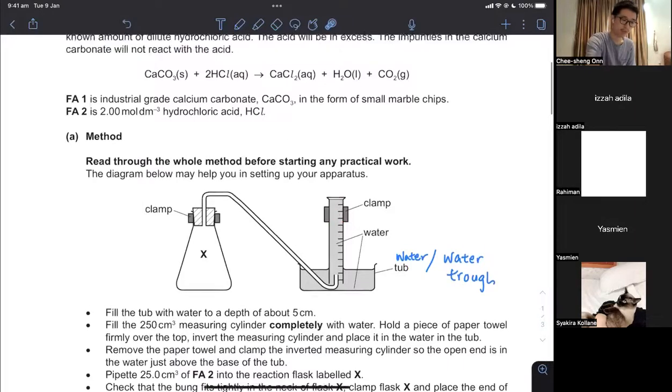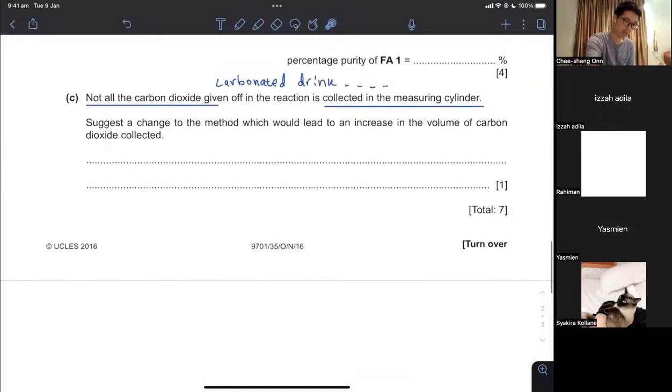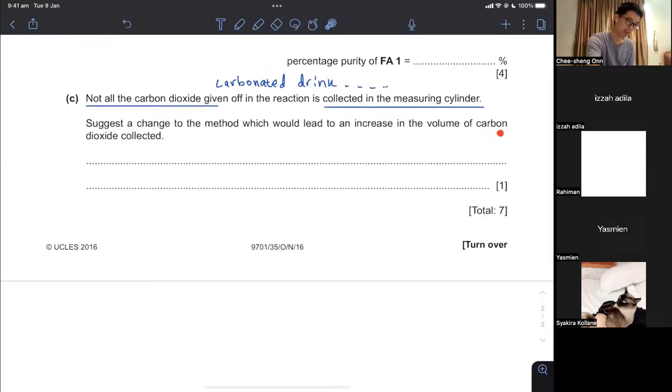But if they say you want to improve it, to increase the volume of carbon dioxide collected, change the method. This kind of question, you need to read very carefully. Method. Some students will say use less reactant, use more reactant, but reactant is the reacting amount. Method is the procedure.